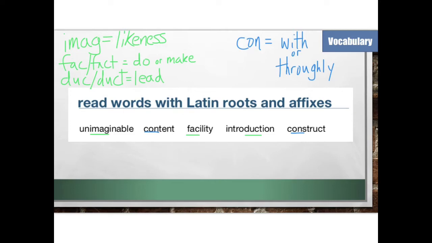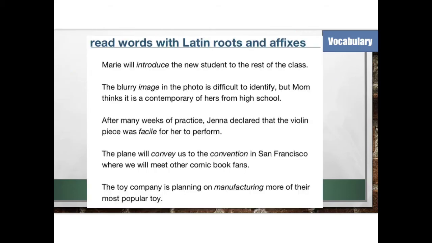I know content is like with something, so if we're talking about the content of a program or the content of a book, it's what's in it. And construction, well, you're putting something together, it's going with something. Oh, those make sense. Let's examine each sentence for the Latin roots or affixes.